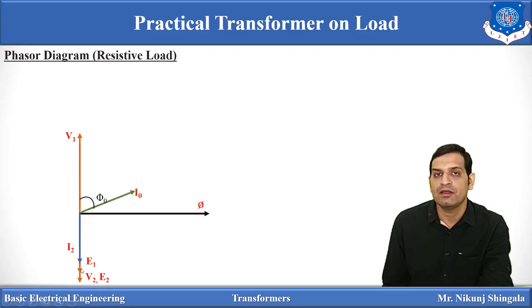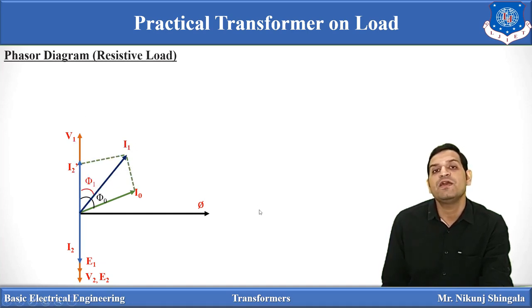So I2 will be in this downward direction, and I2 dash will be in the upward direction because both are in antiphase. Now the total primary current I1 will be the phasor sum of I2 dash and I0. The angle between V1 and I1 is now phi 1. So this is the complete phasor diagram for a practical transformer on load condition, drawn for a resistive type of load.